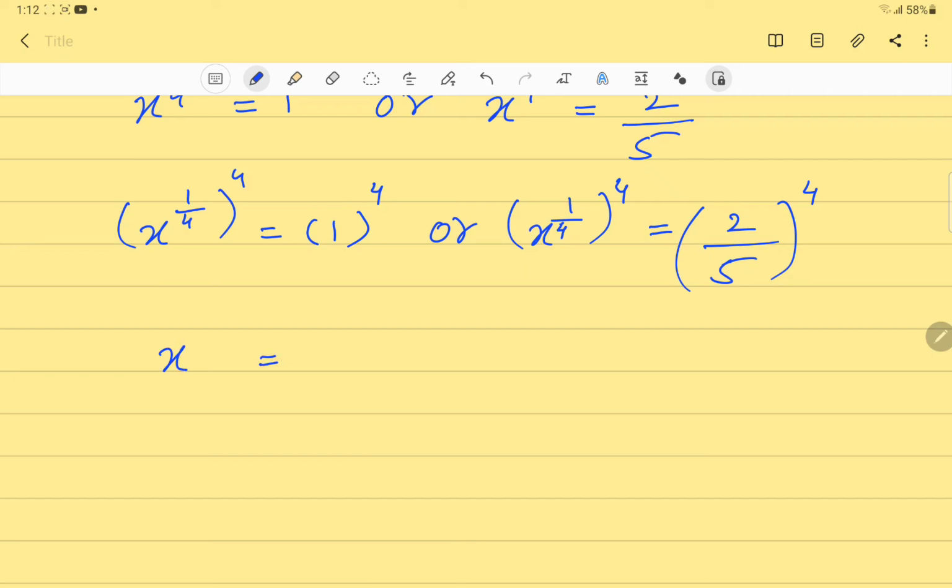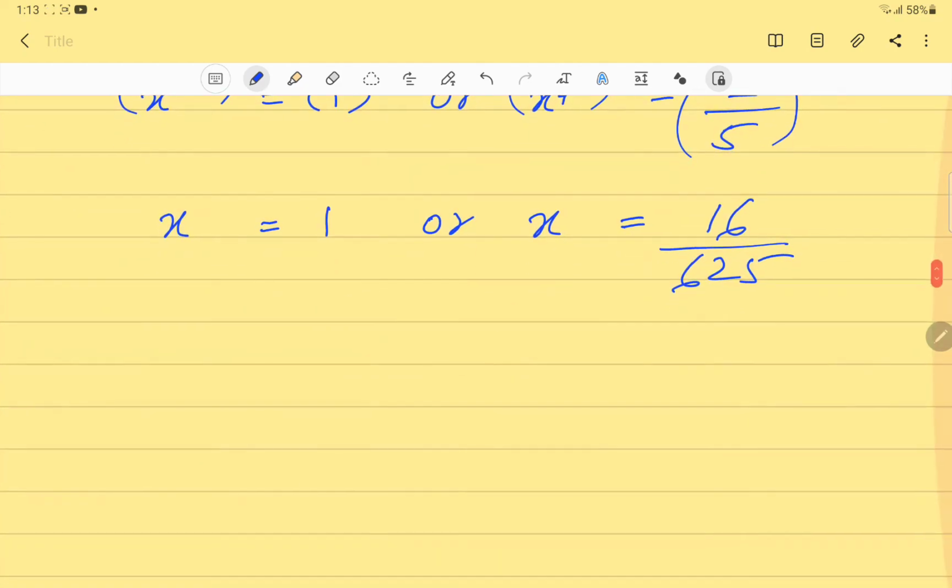So x will be equal to 1 raised to power 4, which is 1, or same here, x raised to power 1 over 4 multiplied by 4 will become 1. So x will be equal to 2 raised to power 4 is 16 and 5 raised to power 4 is 625. So 1 and 16 over 625 are the solution of this equation.